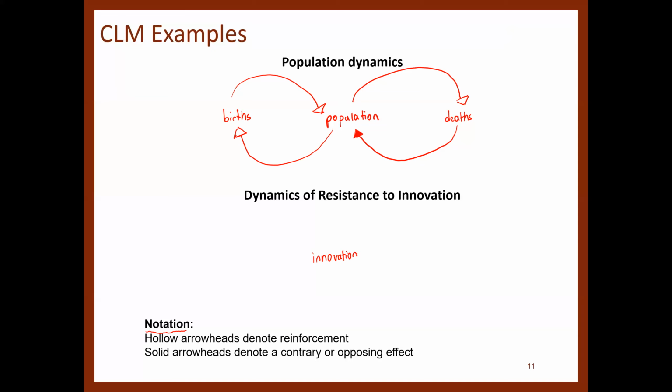Then some of the variables I can list: change. Change is an effect of innovation. Another effect is resentment. Another effect could be some type of reaction, and also some type of opposition to innovation.